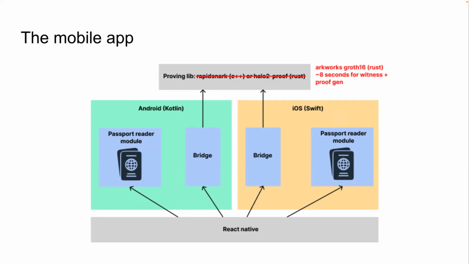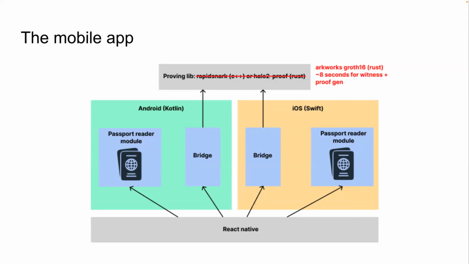So basically, the app is in React Native, so it can work on either iOS or Android. It works everywhere. Then you've got passport reader modules that have already been implemented by other teams in Android, so in Kotlin or Java or Swift. And then it's calling a proving library, which is Arkworks Circom with Groth16.